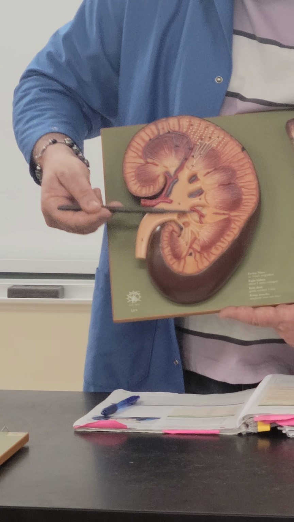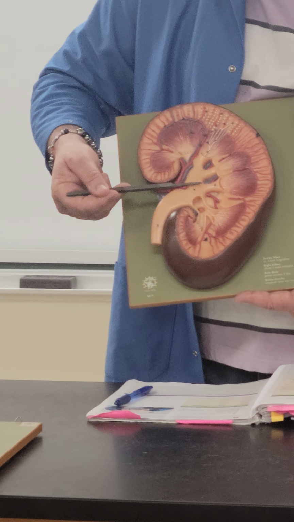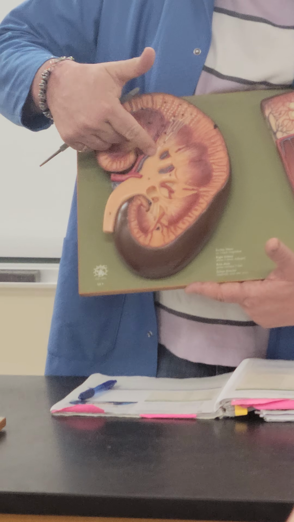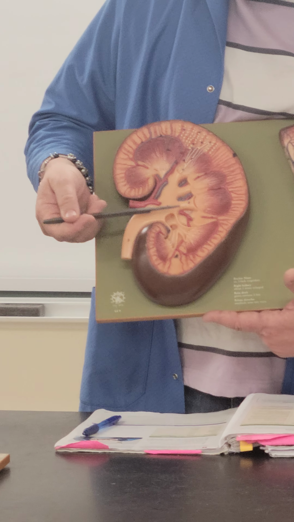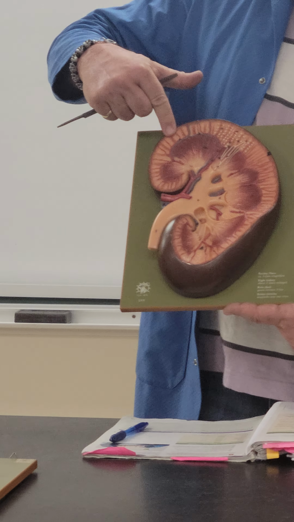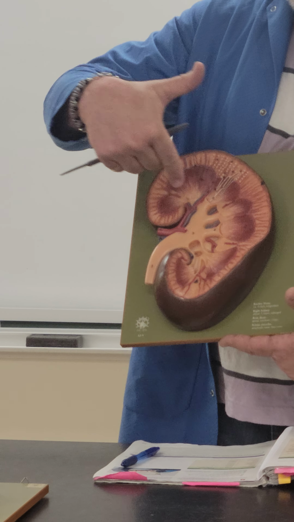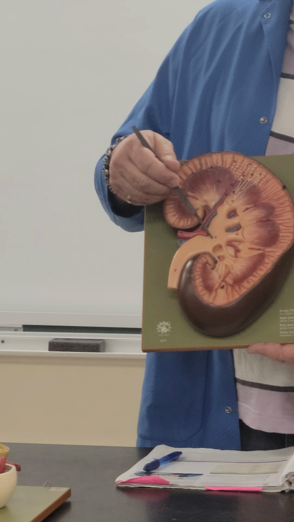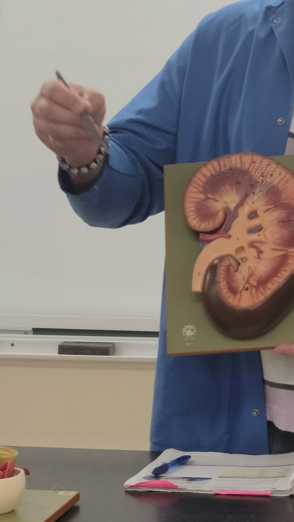This structure in here, all this stuff together here, is your renal sinus. All right? So all the major calyces, your renal pelvis, that all makes up the renal sinus. All right? So from the outside in, cortex, medulla, renal sinus. Again, structure-wise, renal pelvis, area, renal sinus.